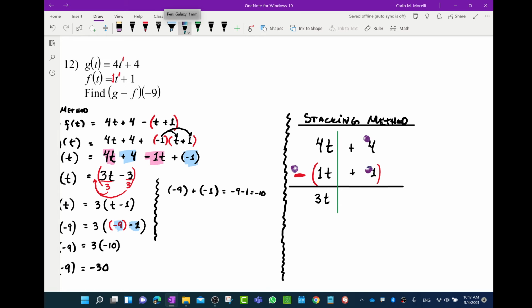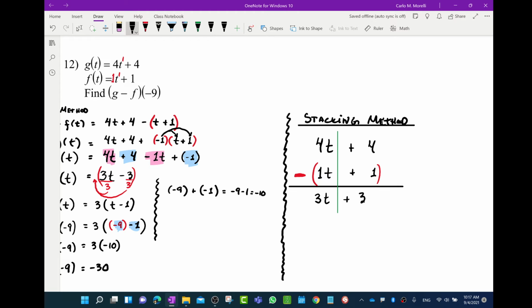Okay? So, positive 3. Let me get rid of the dots. So we put plus 3.